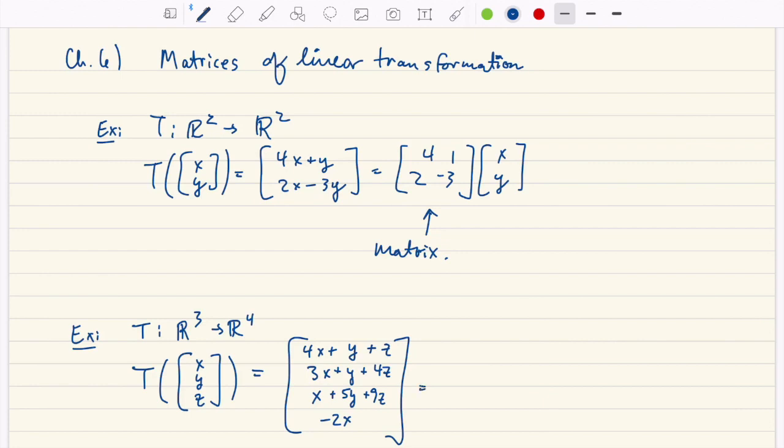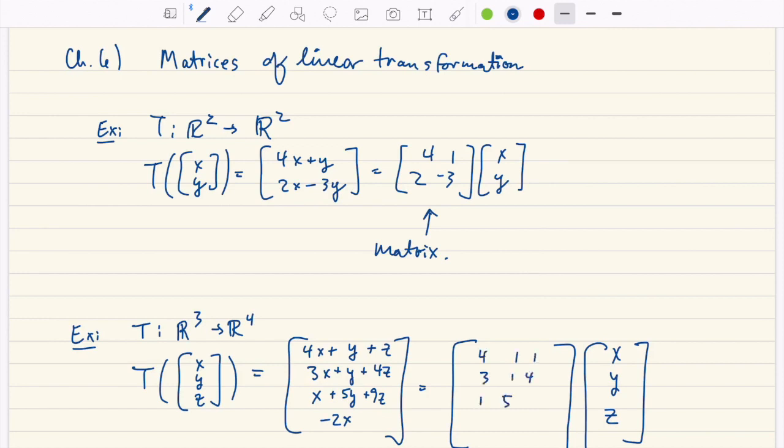We could also think of this as the vector (x, y, z) multiplied on the left by the matrix 4, 1, 1, 3, 1, 4, 1, 5, 9, negative 2, 0, 0.